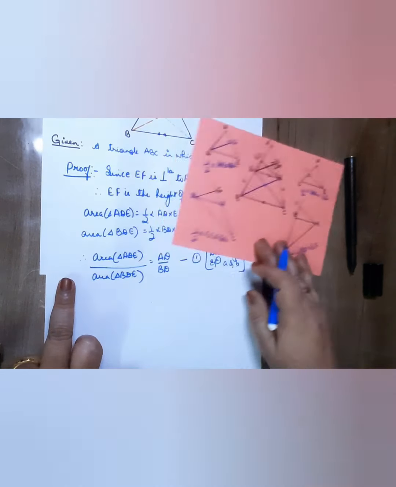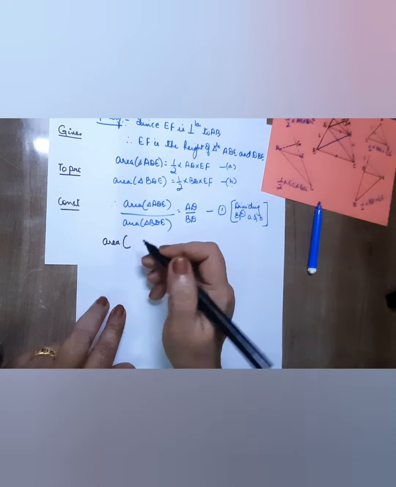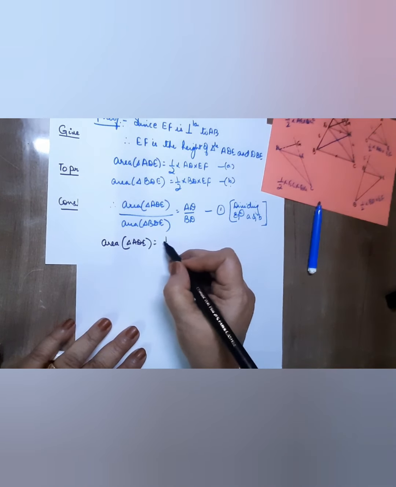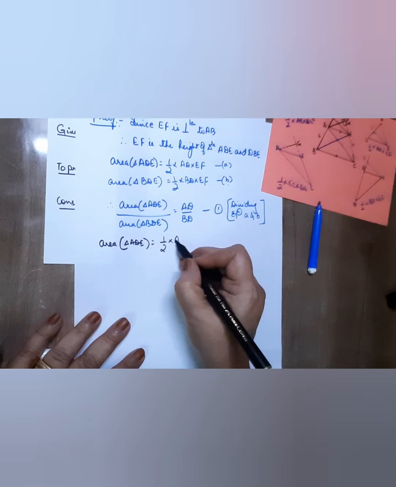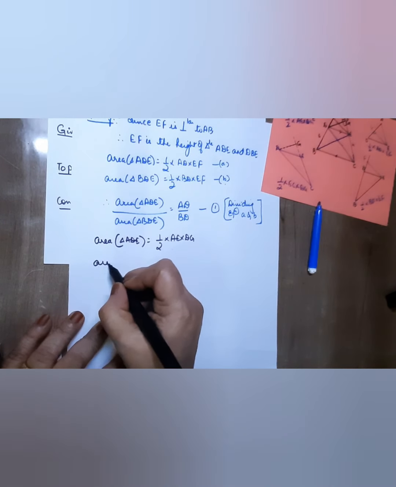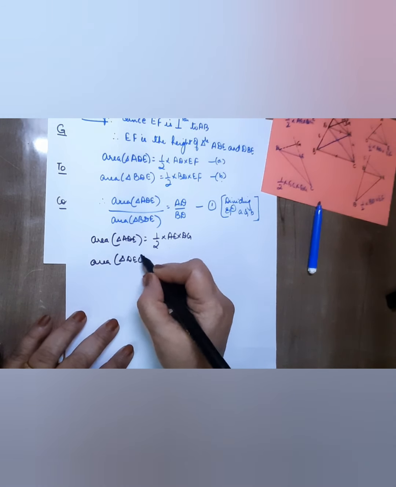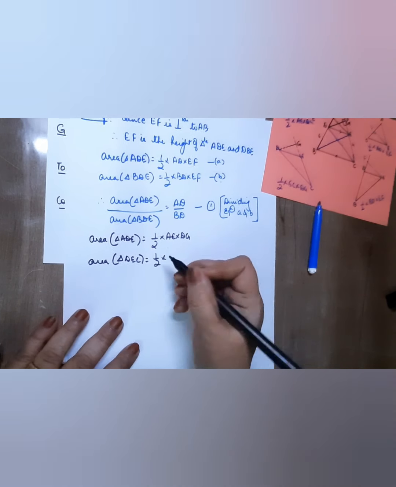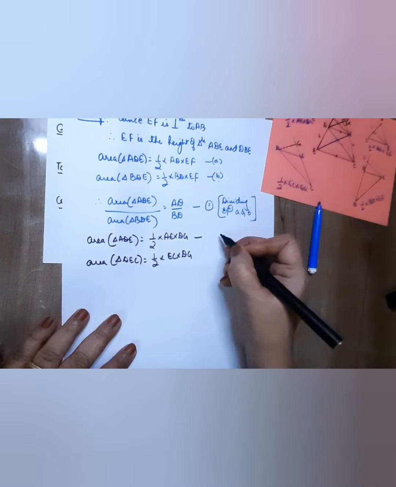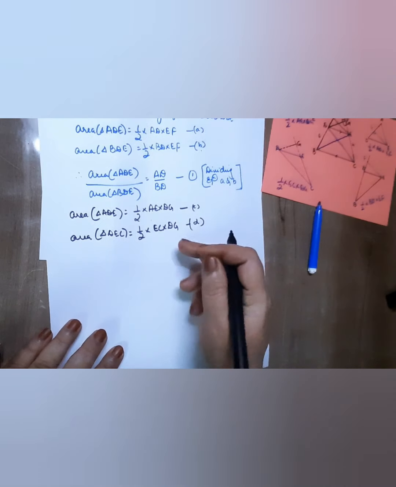So same thing if we write here: area of triangle ADE is equal to half into AE into DG. Then area of triangle DEC will be half into EC into DG. Just now we wrote, you can write this one as equation C and D. Again we will divide these two.